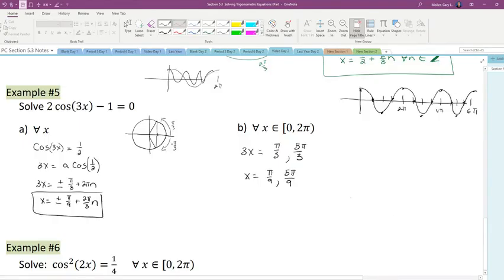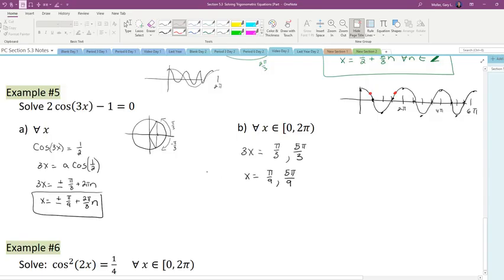And essentially at this stage, I'm asking when is it equal to a half? So we got an answer here, and here. So one time around the circle, we got 2 answers, pi over 3 and 5 pi over 3.